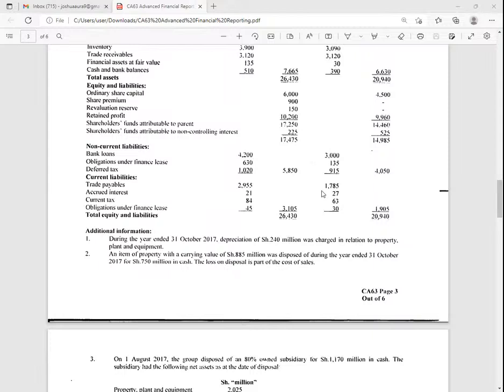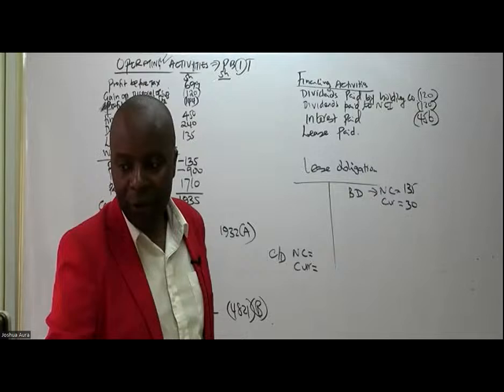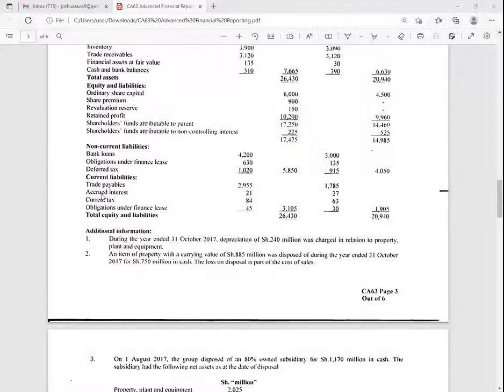You combine them. Again, do the same for the carried down. For 2017, what do we have? I can see this is 630 versus 45.